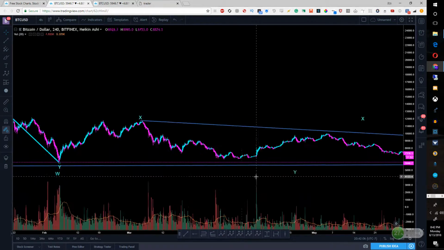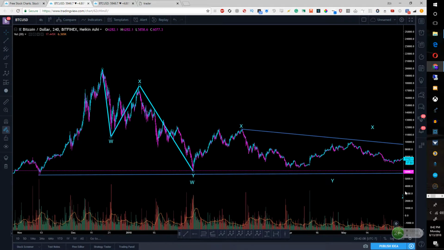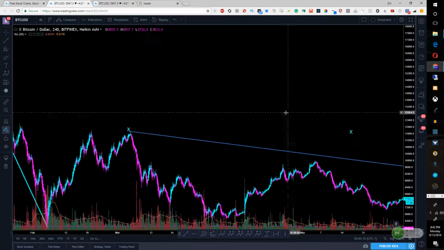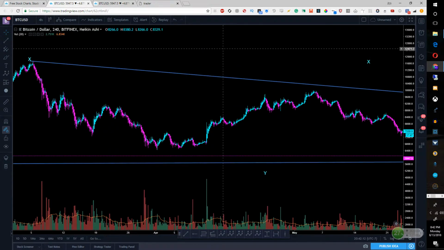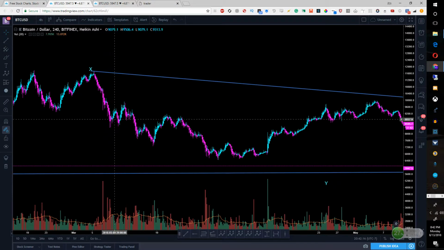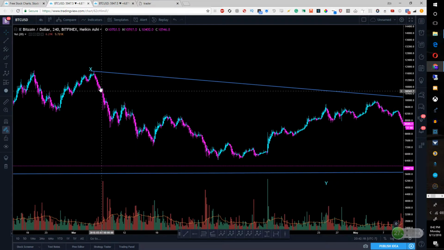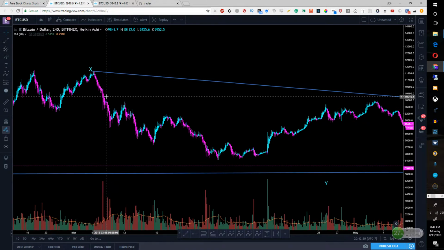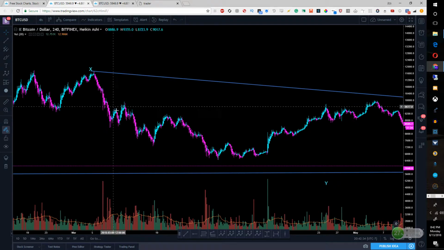And the way you see if it's a WXY or an ABC is you just look into the waves here. Right here I see a clear ABC, not a 1, 2, 3, 4, 5. Sorry if I'm getting ahead of myself, but an ABC structure is comprised of 5 waves down, 3 waves up, and 5 waves down again. And what we see here is not 5 waves down.